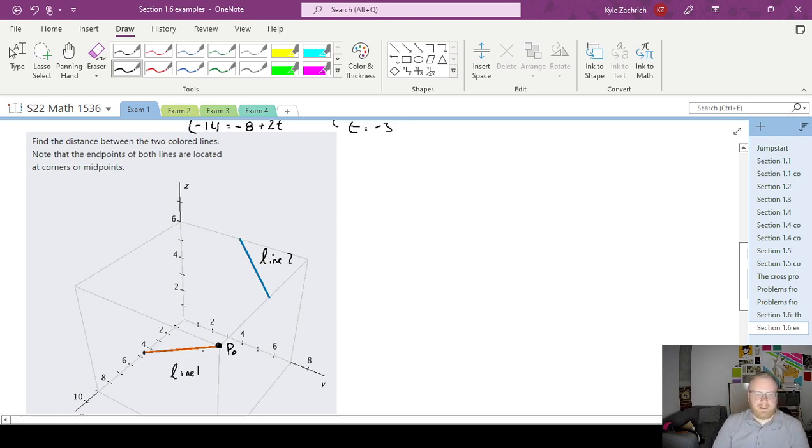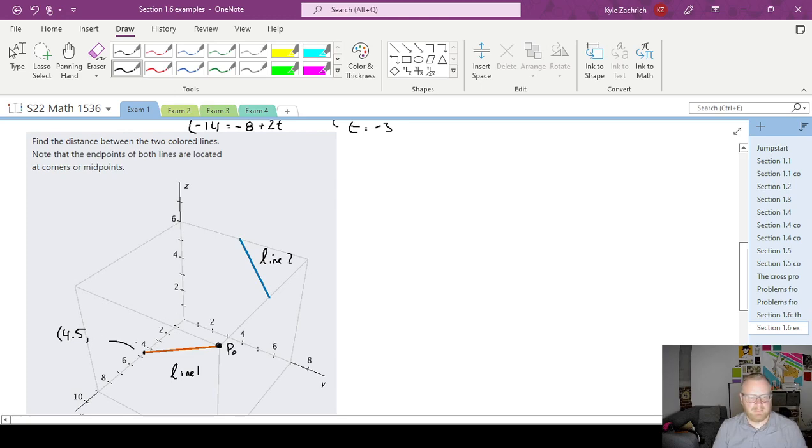So coordinates for this point are going to be, in the x direction, 4.5. Right, because they're telling us that it's on the corners or midpoints. So 9 would be the full distance, so half of that would be 4.5.